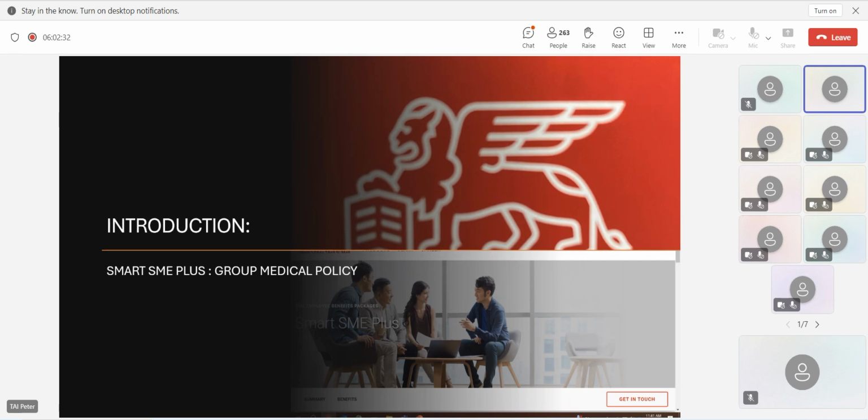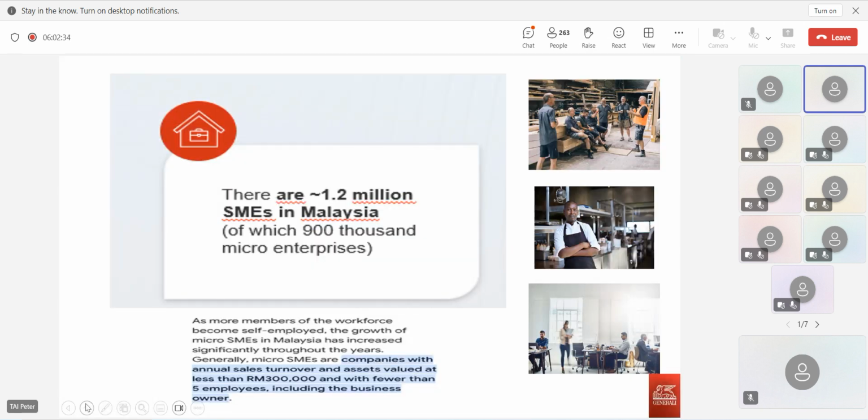Okay, so basically, I need to share with everybody this. There are 1.2 million SMEs in Malaysia, of which 900,000 are micro enterprises. Micro enterprises meaning what? Meaning you have a turnover of below 300,000 or staff 5 people, employee, including the owner.